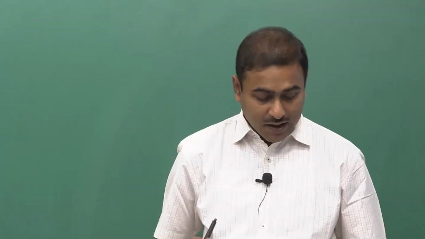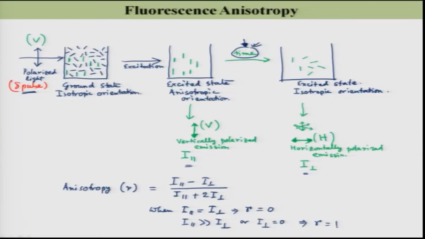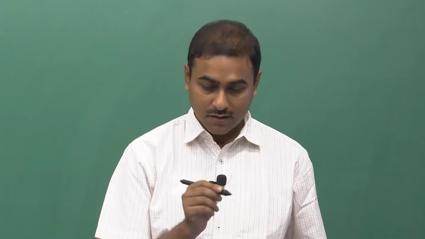Now, the question is how I am going to measure this R. Let us try to draw some experimental setup by which we are going to measure this R value. So, here is my excitation, this is my vertical excitation, and here is your sample.